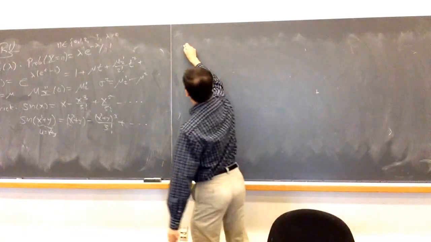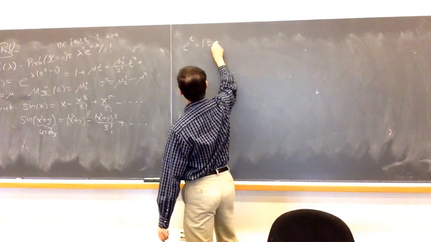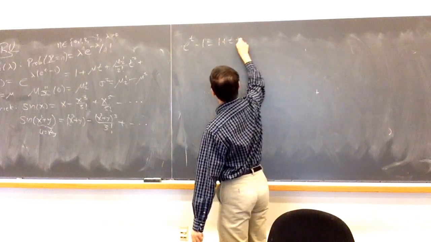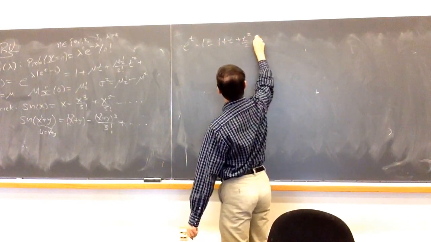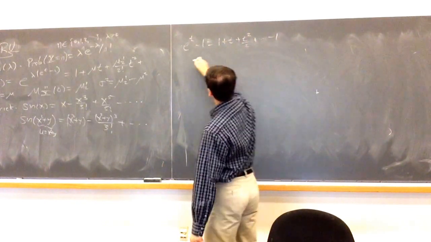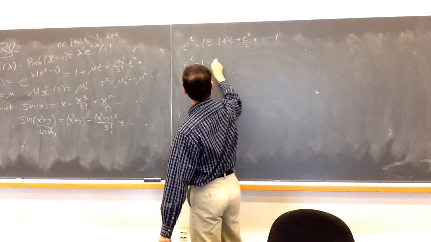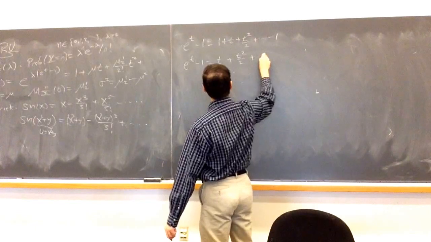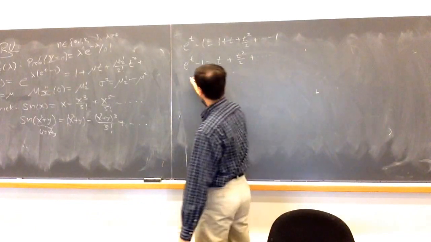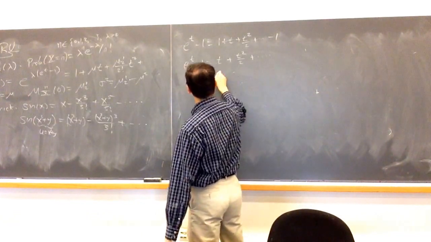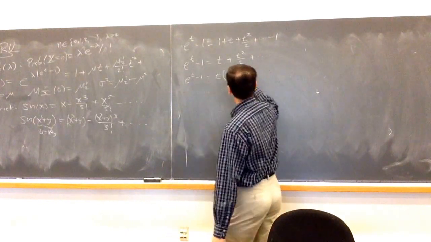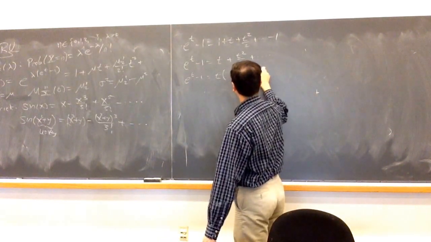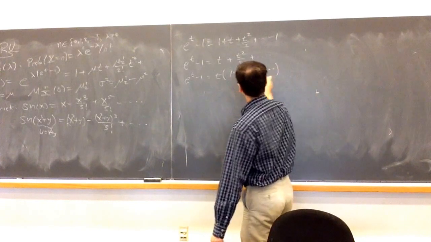Note, e to the t is 1 plus t plus t squared over 2 plus dot, dot, dot, so e to the t minus 1 is t plus t squared over 2 plus dot, dot, dot, or e to the t minus 1 is t times (1 plus 1/2 t plus dot, dot, dot).